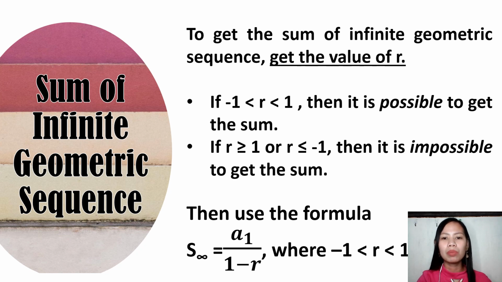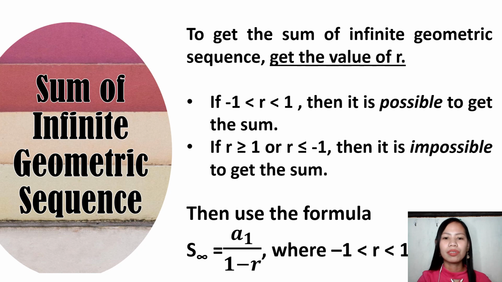What are those numbers? Less than 1 but greater than negative 1. Examples here are 1/2, 1/3, fractions like that, 0.75, 0.81, positive, but it must be less than 1.